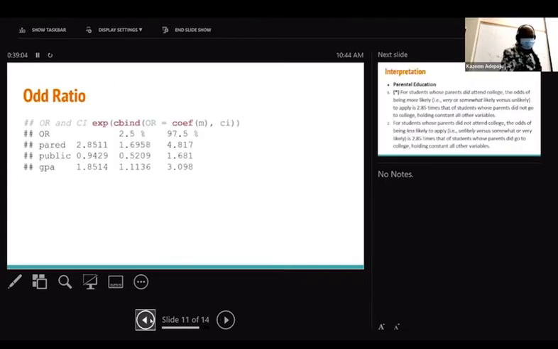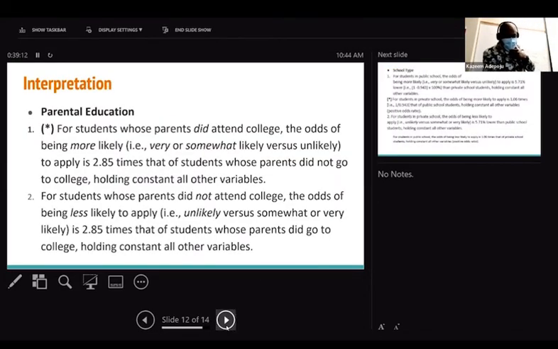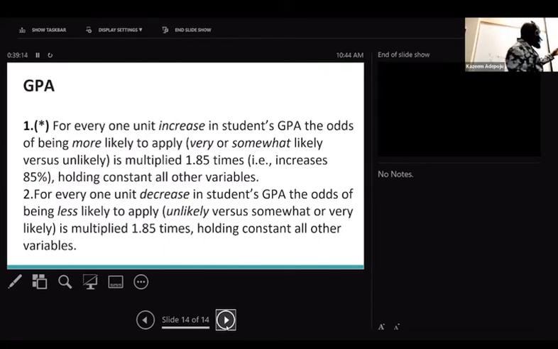That's the ratio here, holding other variables constant. Which means that when you have a unit increase in your GPA, that will increase your interest in applying. But how many times?